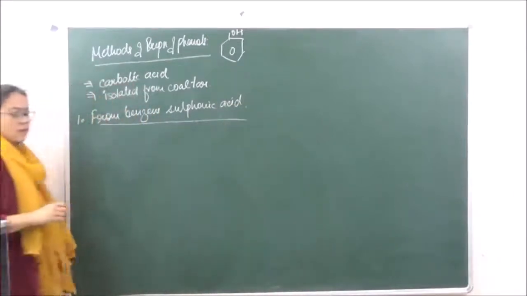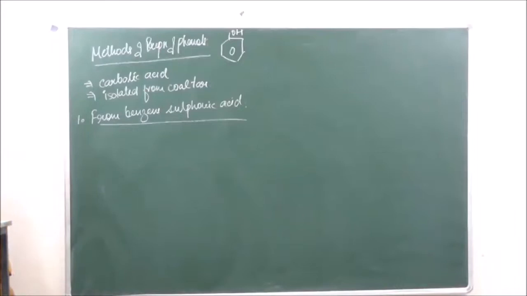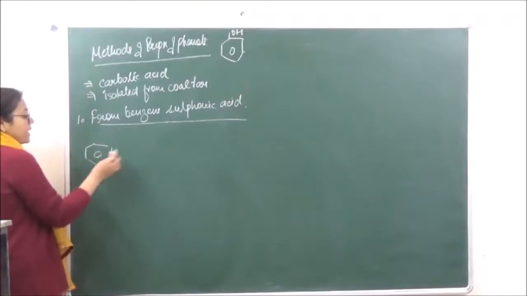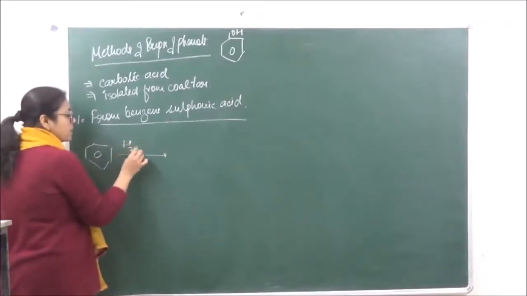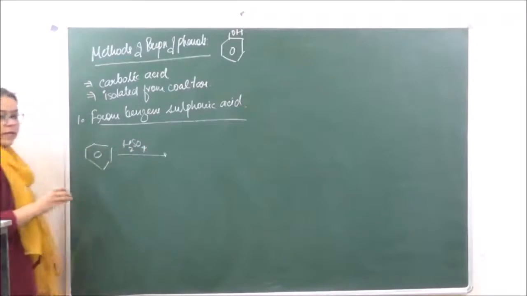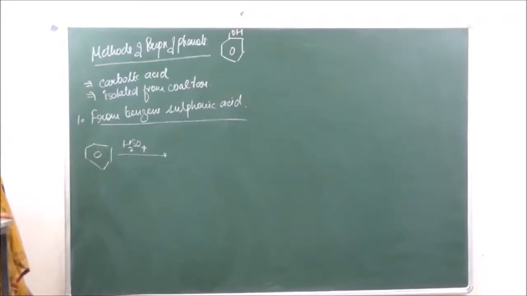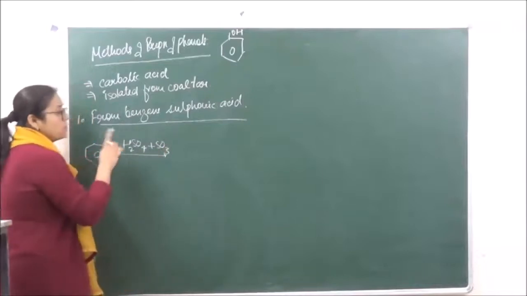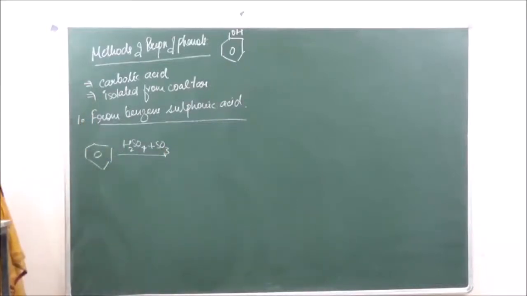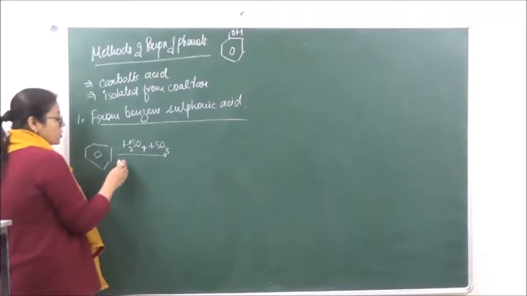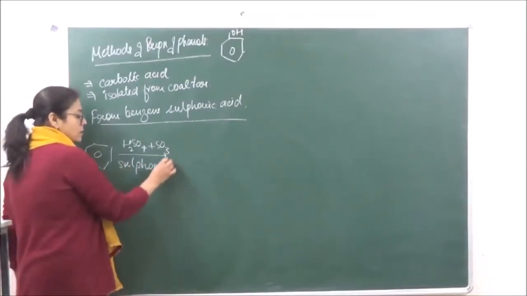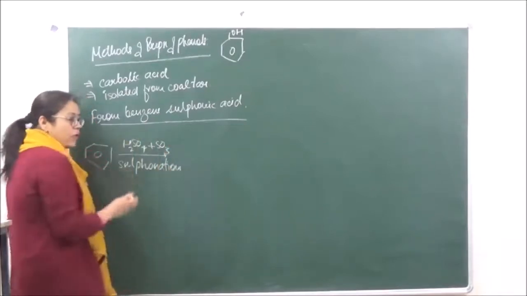sulfonic acid. From benzene sulfonic acid, we can prepare phenol. First of all we have to prepare the benzene sulfonic acid, which is prepared by reacting benzene with sulfuric acid, H2SO4, and sulfur trioxide. This reaction of converting benzene into benzene sulfonic acid is known as sulfonation.